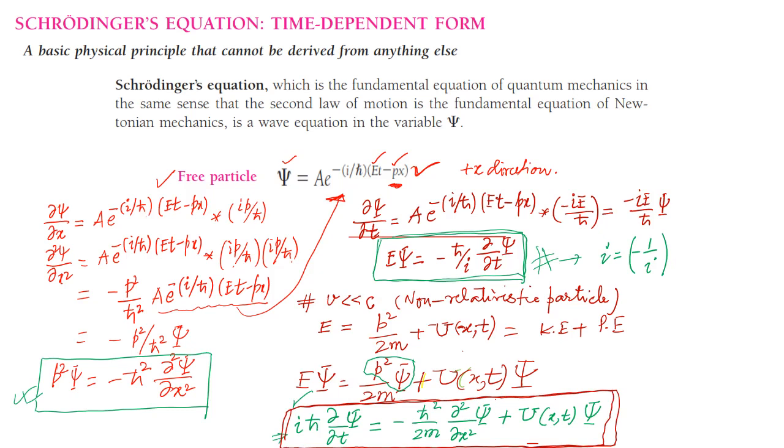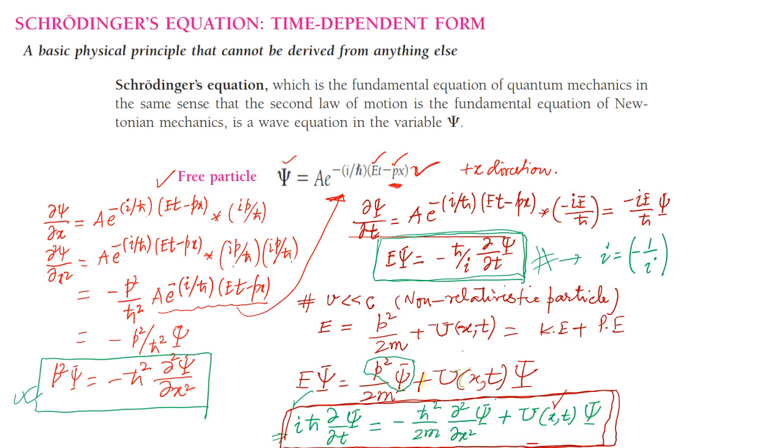This is the time dependent form of the Schrodinger equation in one dimension, because I'm just using x here, for a free particle which is non-relativistic.